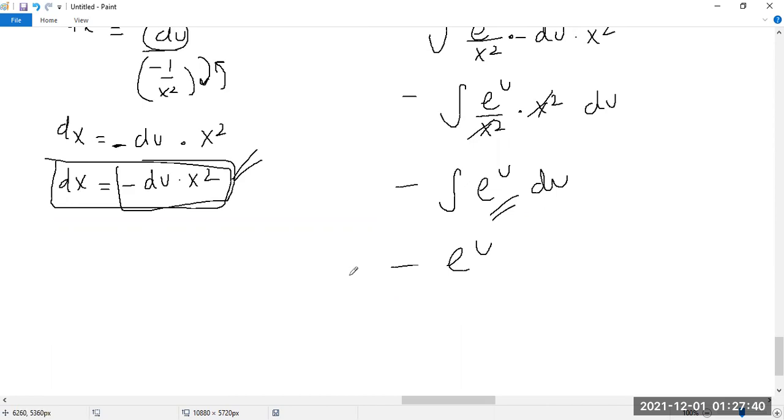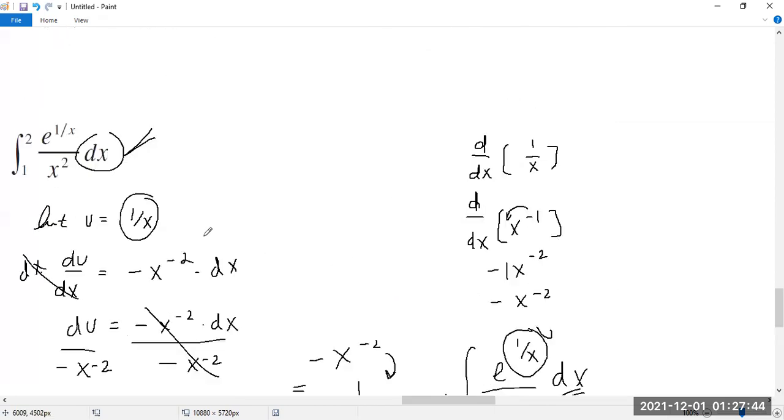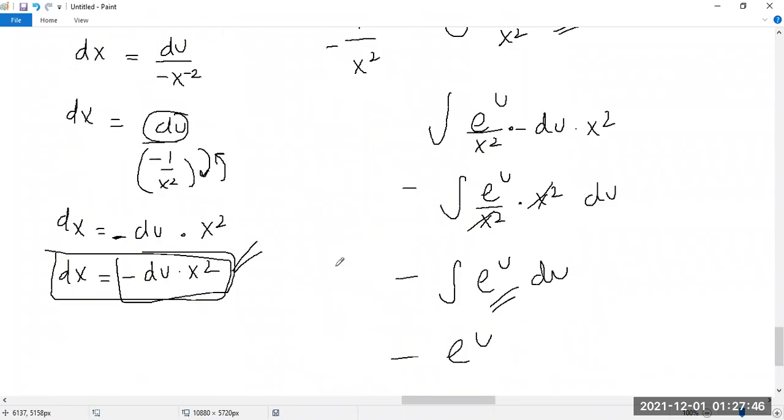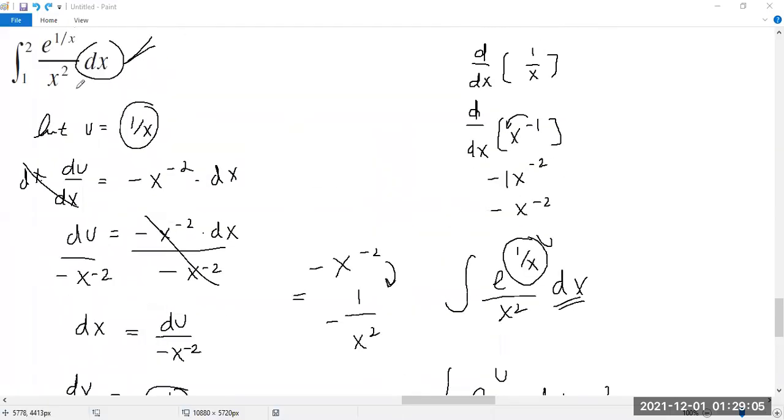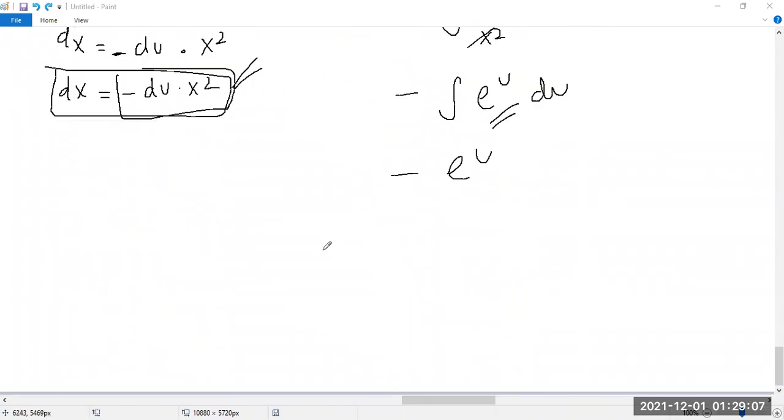And with that said, we can then substitute 2 and 1, right? So we'll do negative e to the 2 minus e to the 1, right? Actually, let's see here. Maybe something's a little off. Yeah, we replace our u with 1 over x, so negative e to the 1 over x is our answer.